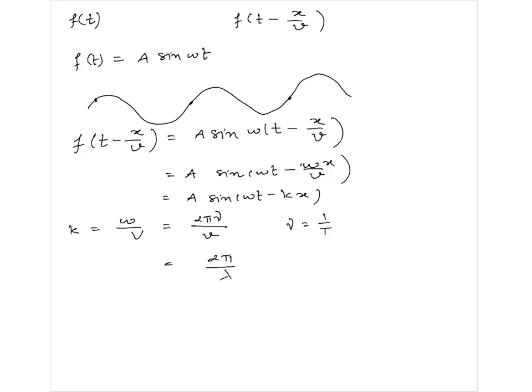This is generally very useful. K equal to 2 pi by lambda is very useful. K equal to 2 pi by lambda.